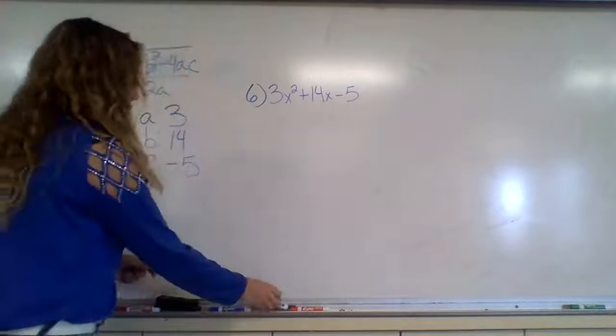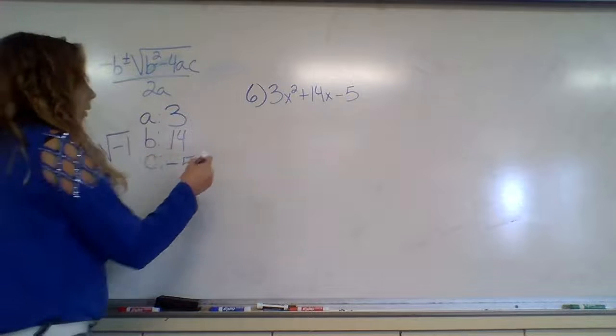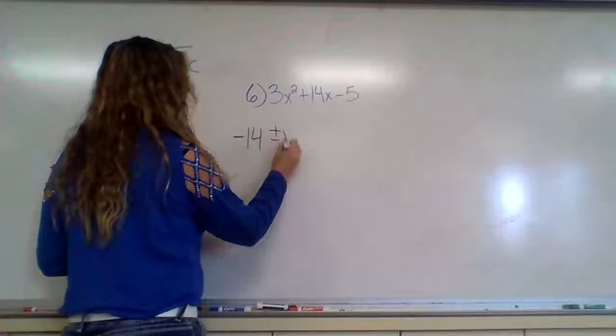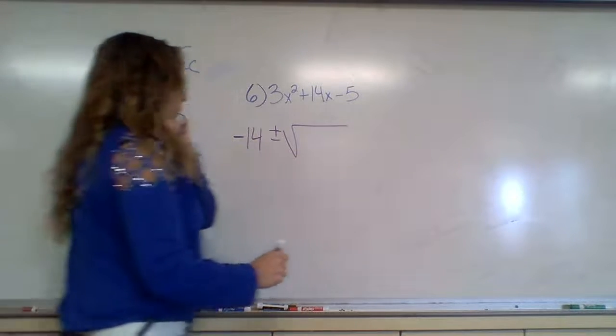So negative b. b is 14, so that's -14. Your discriminant, b squared minus 4ac.